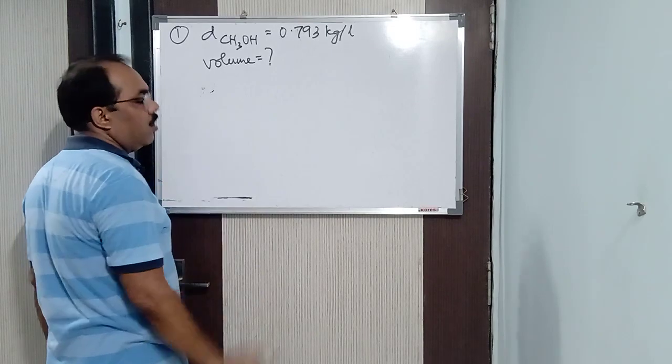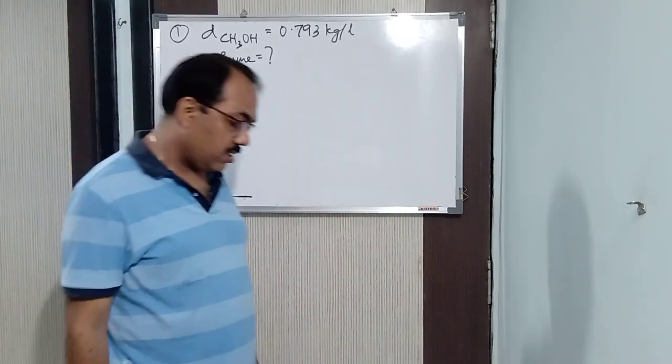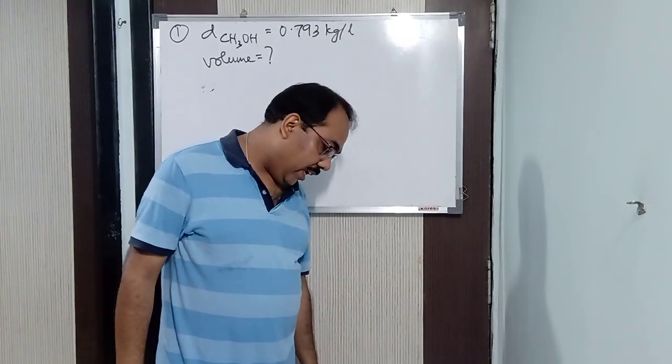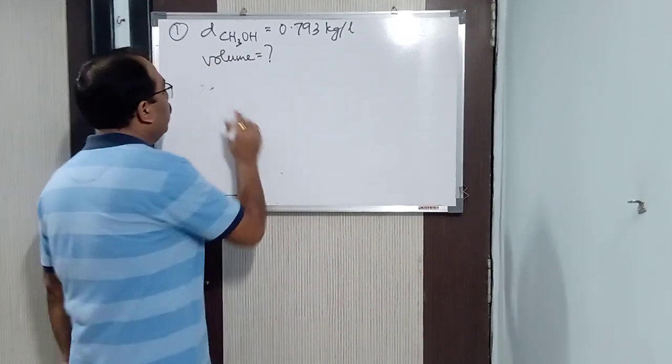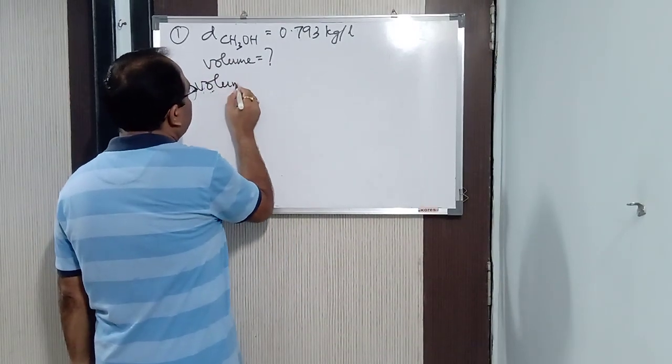So the volume of methanol is needed. What is its volume needed for making 2.5 liter of it?